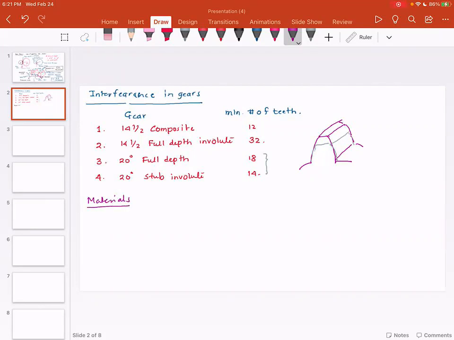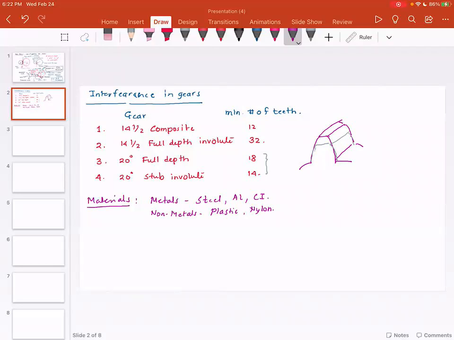The other thing is materials. Gear materials can be all the way from metals like steel, aluminum, cast iron, all the way to non-metals like plastic, nylon, and some sort of exotic materials like carbon fiber.